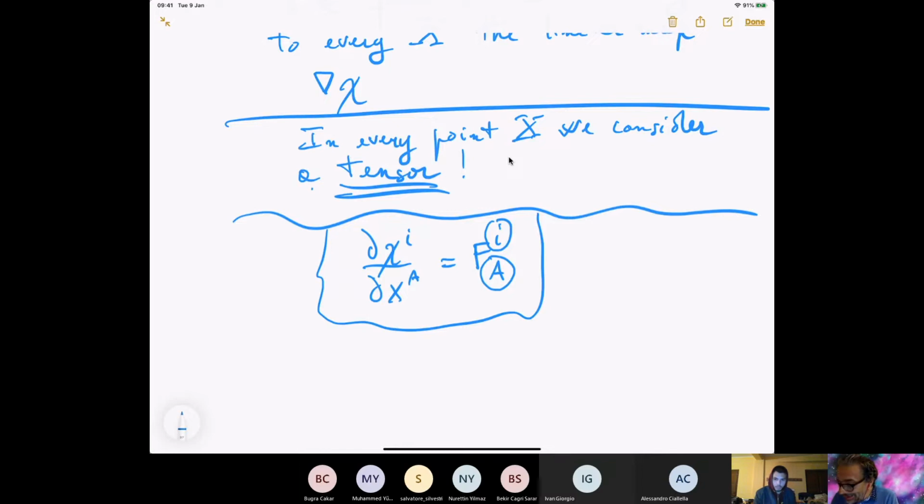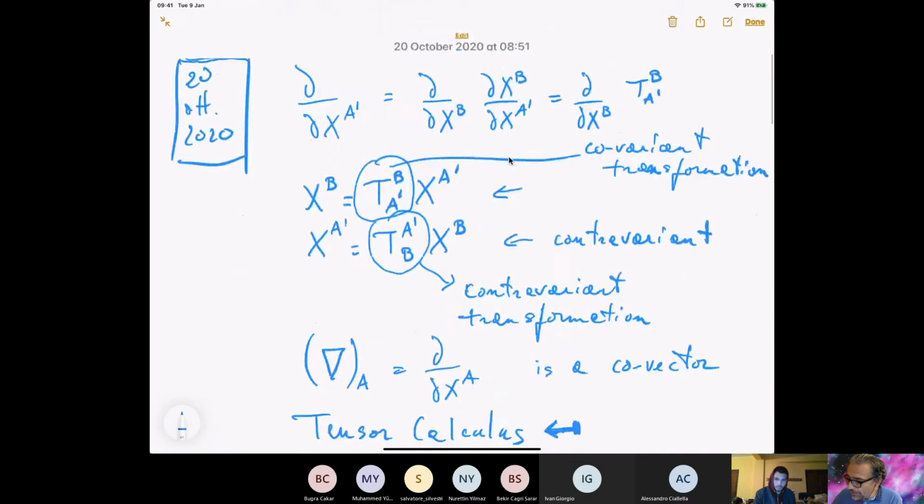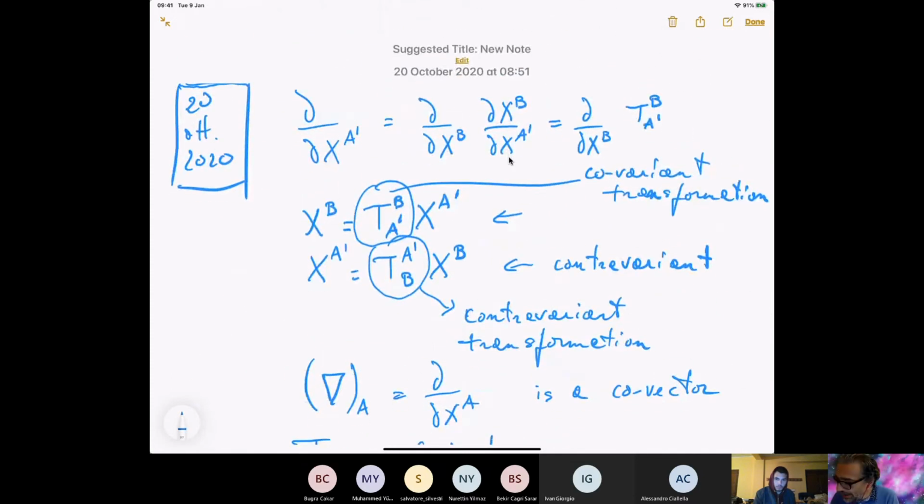Why you did it all the times, even when you didn't tell us the reasons for using the upper and lower index notation. So in order to remember what I wanted to do this morning, I wrote a few lines and we will enlarge these lines now. Okay, so let us change the coordinates.